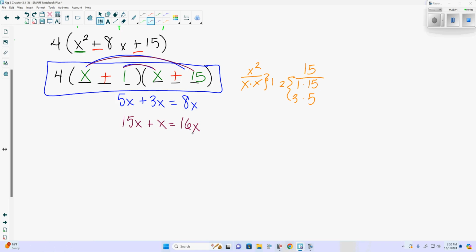So even though we changed that third set of terms, it still gave us x squared. It still gives us the positive 15. But instead of 8x, it's going to give us 16x. It gives us the wrong middle term. First and third term are still fine, but the middle term is the one that changes.